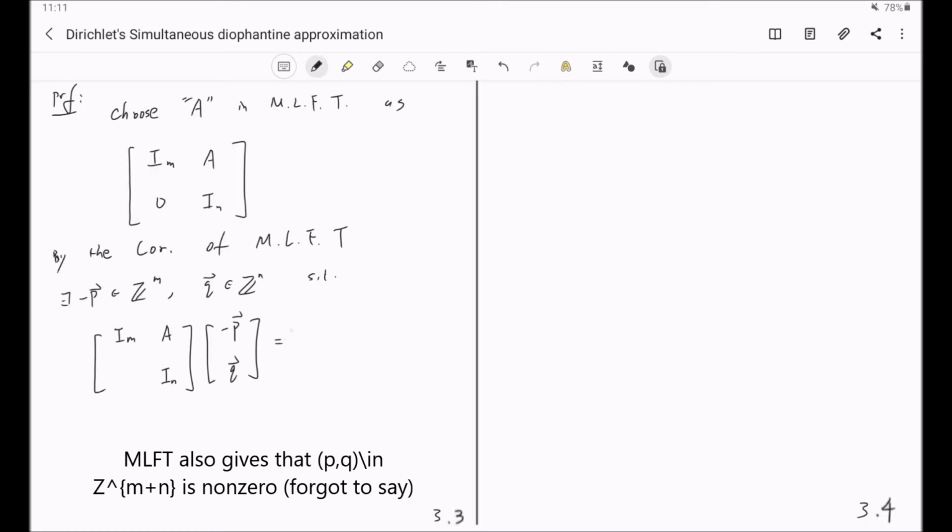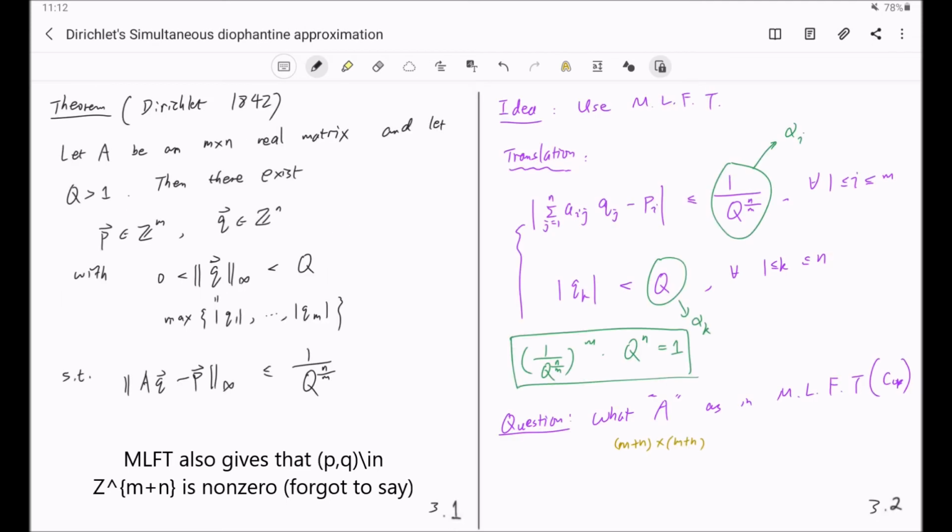Because if you do the block computation, this precisely gives you negative p plus A applied to q, and the second guy will be just q, which component-wise will be precisely those guys.